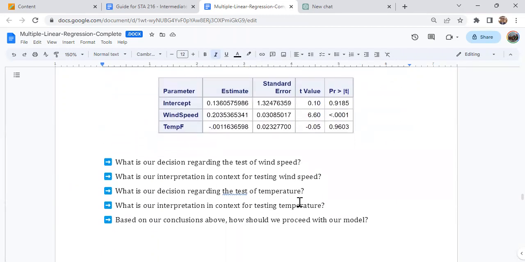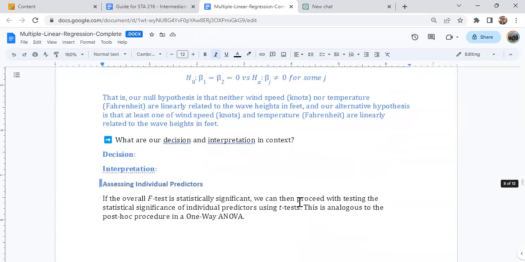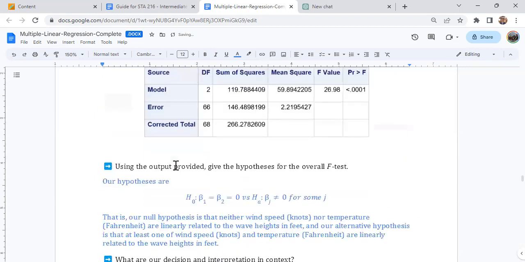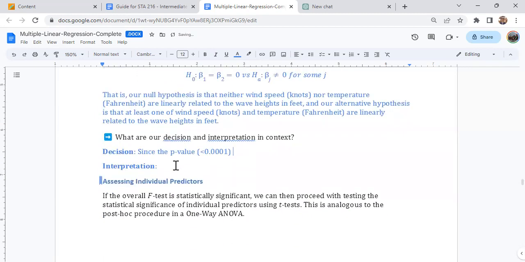So we'll say since the p-value is less than 0.05. We should always give what the value of the p-value was from the table, and then say why, and then say what we're doing.